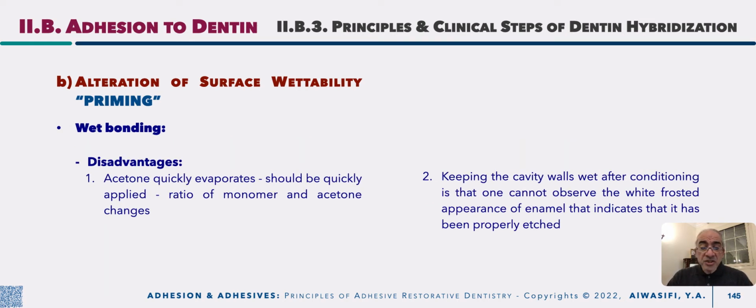The disadvantage of wet bonding is that, as acetone or ethanol based primers are quickly evaporated, there is no time allowance, or your time will be insufficient to let your primer go down to the whole depth of conditioned dentin or to the whole depth of exposed collagen.